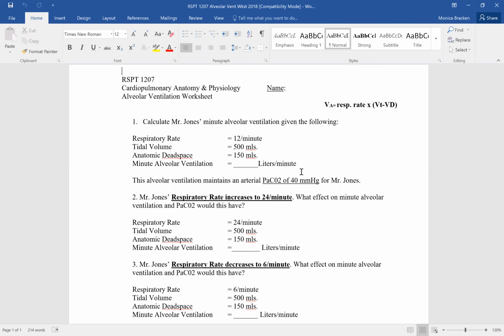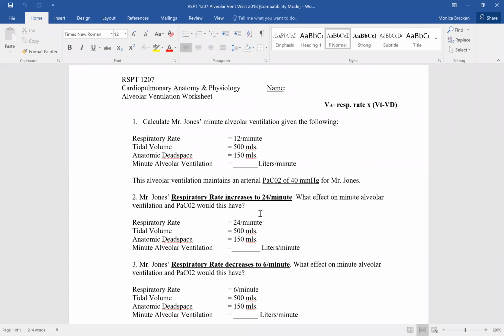So after you figure your problem, plug the numbers into your equation, you're going to say what effect on minute alveolar ventilation and CO2 would this have? Well, if it's a higher number than normal, then it's the increased alveolar ventilation and the CO2 is going to be decreased.